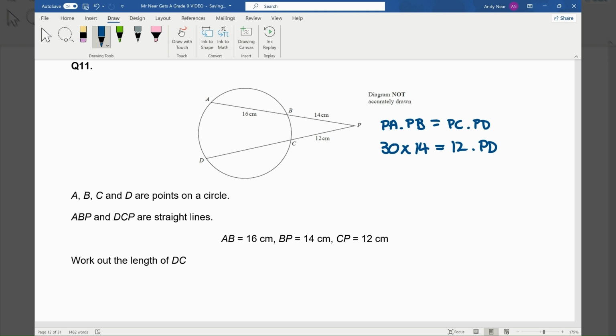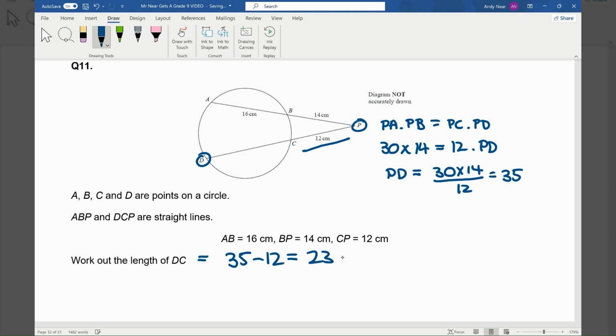PD is going to be equal to 30 times 14 all over 12, and that drops out very nicely to be 35. So the distance from P to D is 35. This takes up 12 of it. So DC is going to be equal to 35 minus 12, which is 23 centimeters, and that's your answer.